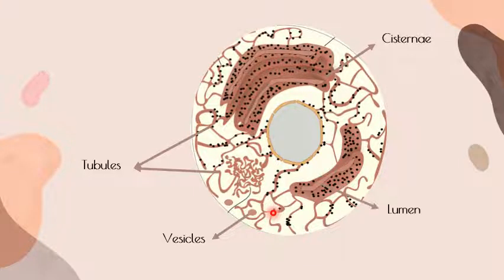There is also the lumen, which is the area inside the membrane, where all elements freely communicate with each other in a fluid-like endoplasmic matrix.